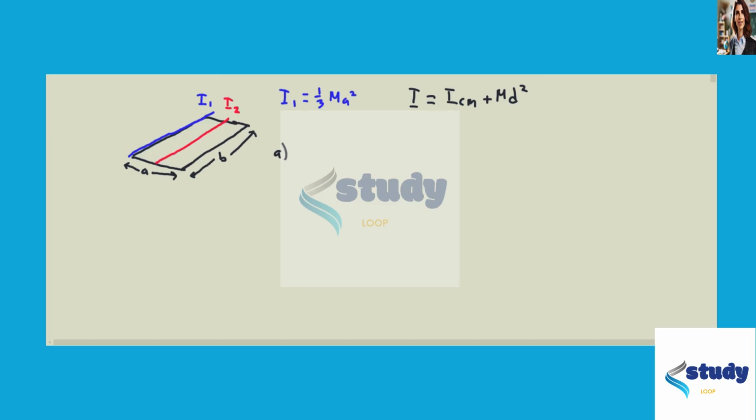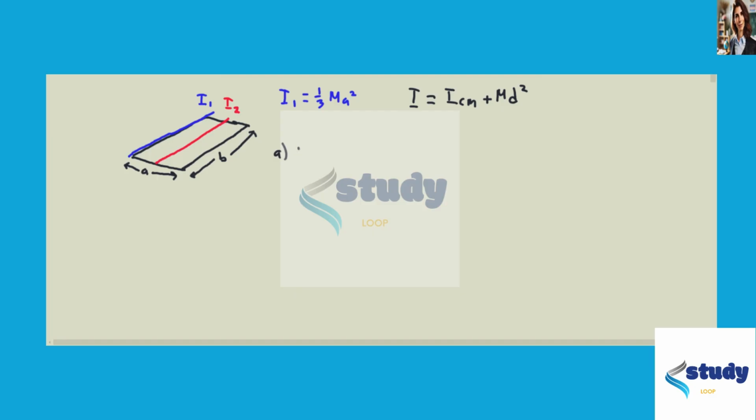And so we can say our I2 would be the I center of mass, so it should be smaller than our I1 that we're given. And so we just rearrange the I center of mass equation.